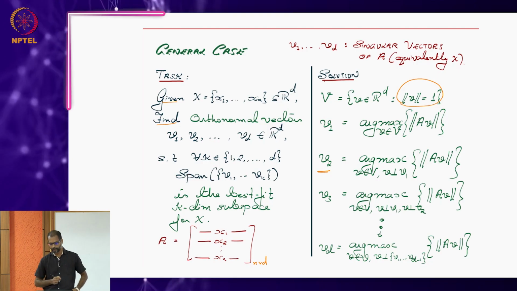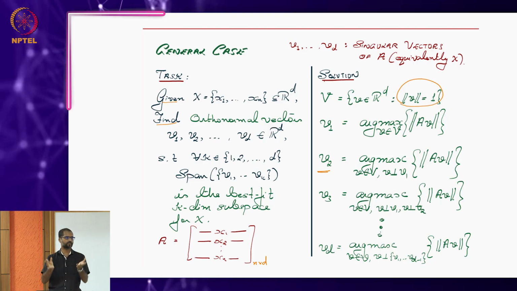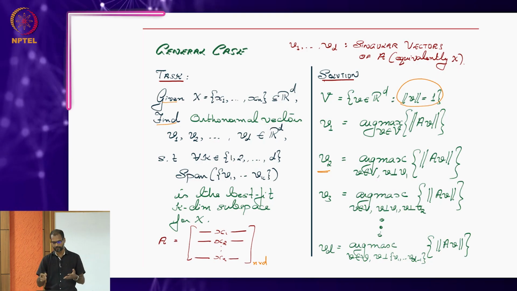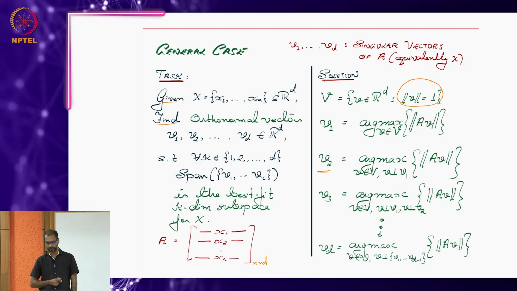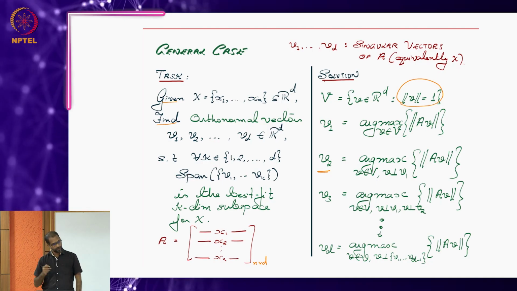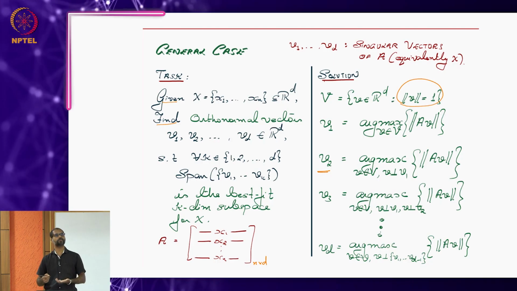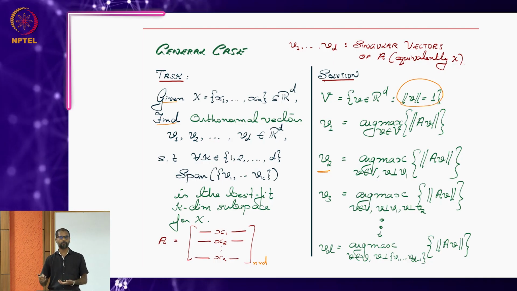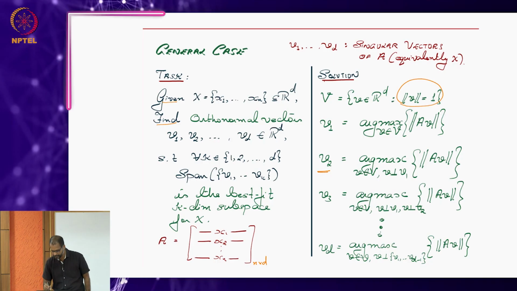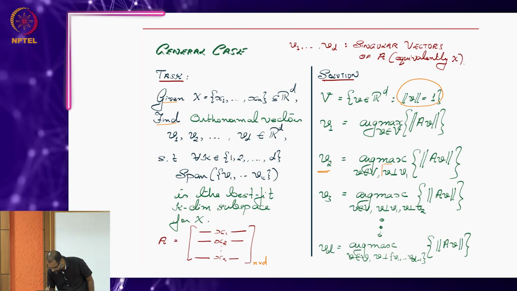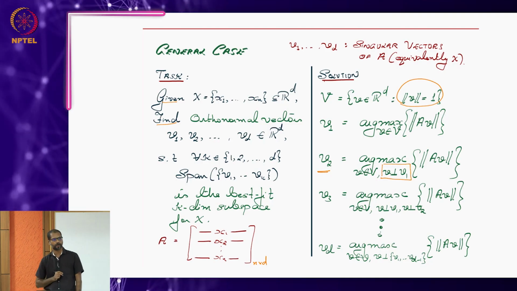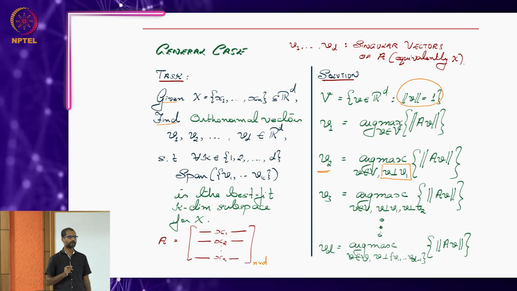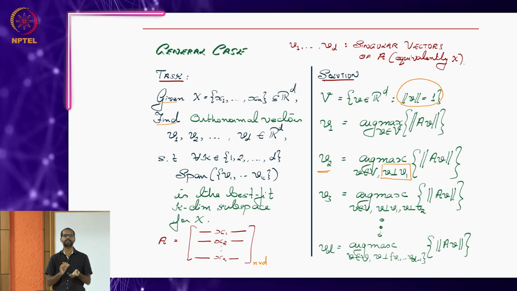It's again argmax over v running over the surface of the sphere, v an element of this capital V, which is nothing but the surface of the sphere. What you are optimizing also looks the same, which is the norm of Av. The only additional thing here is this condition, that our search space has reduced.